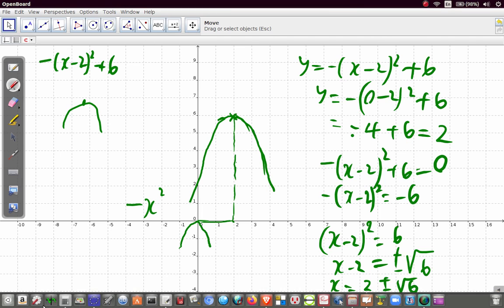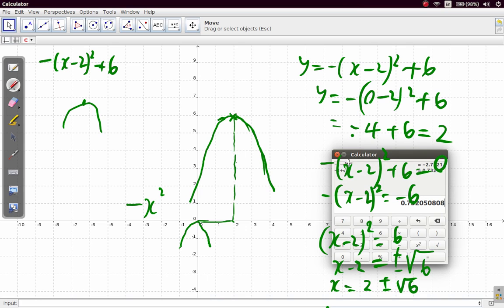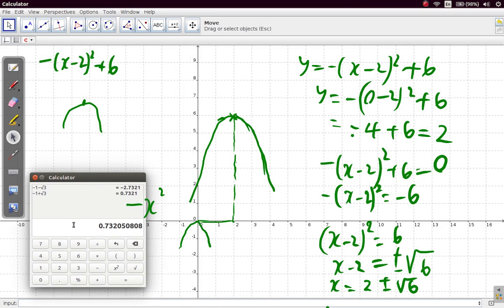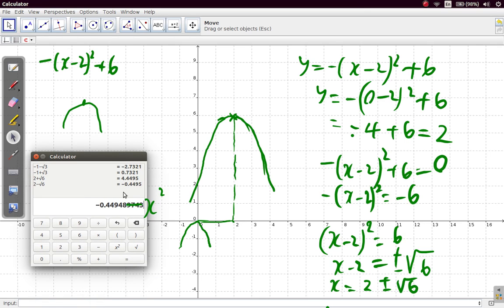Let's see what happens there. If you have 2 plus the square root of 6, you get 4.45, and then 2 minus the square root of 6 is negative 0.45.